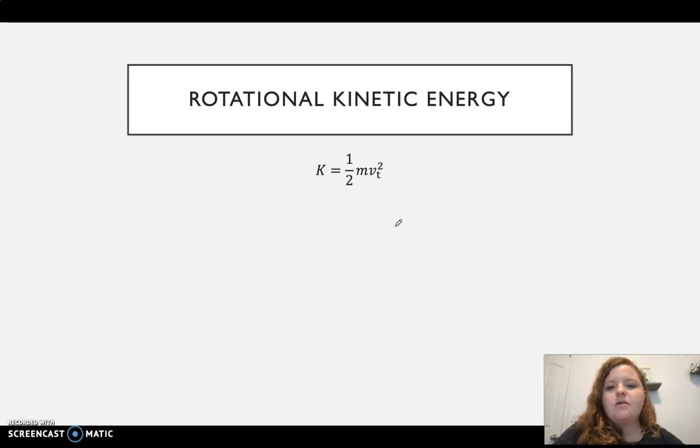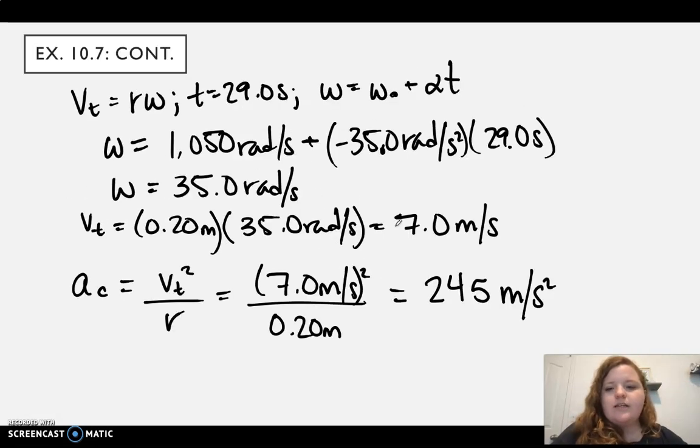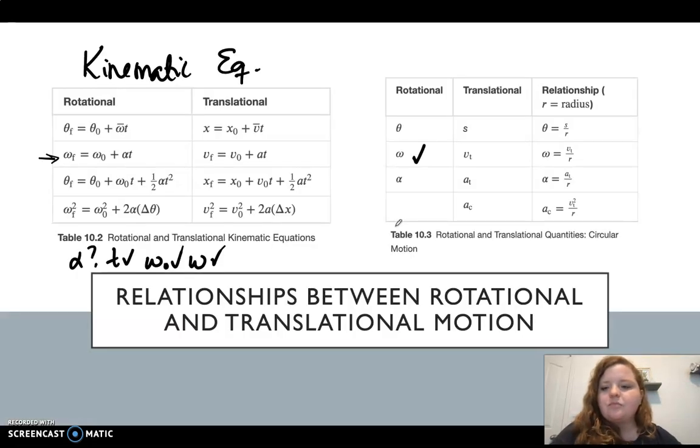All right, so now let's look at rotational kinetic energy. We want to find this kinetic energy now in rotational form. So let's see, V sub t is related to omega r, right?